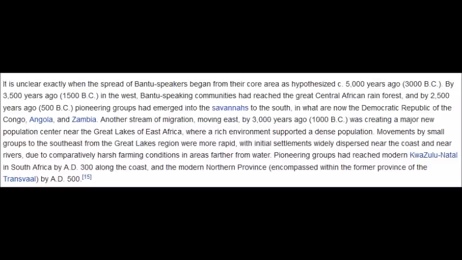Pioneering groups had reached modern KwaZulu-Natal in South Africa by AD 300 along the coast, and the modern northern province encompassed within the former province of the Transvaal by AD 500.